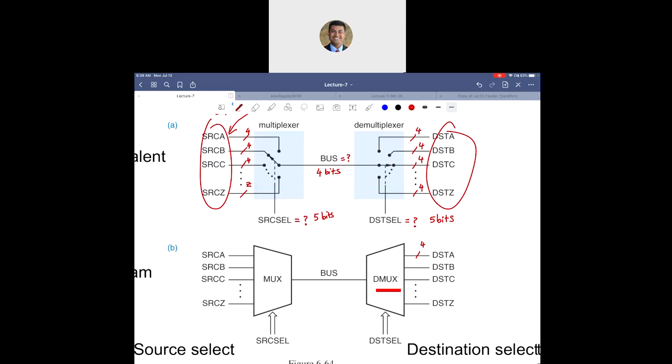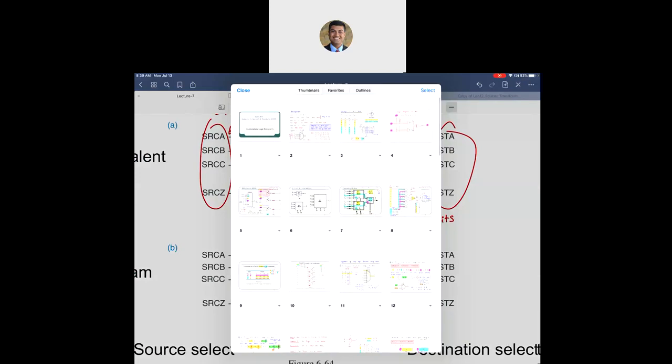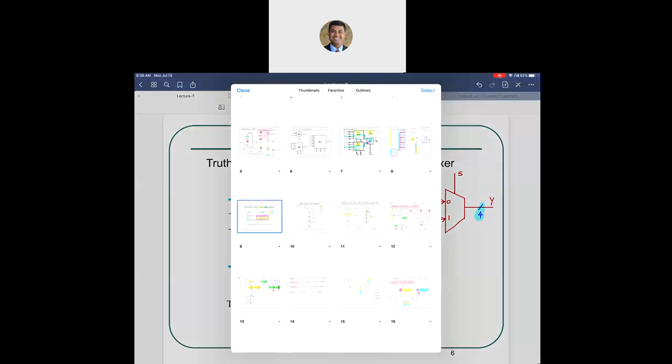For example, earlier, I'm going to take you back to this one. This was something that we looked at last time, where there was a chip 74157 which had 4-bit inputs and 4-bit output. So it really depends on what type of mux you have available to you. All right, let's move on.